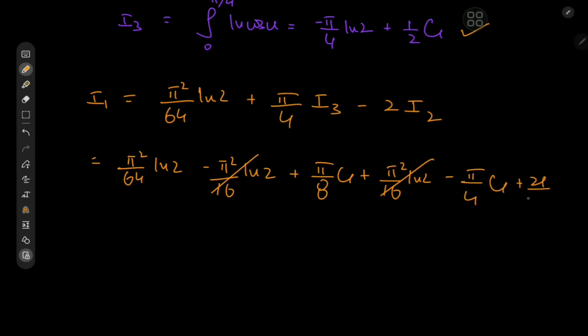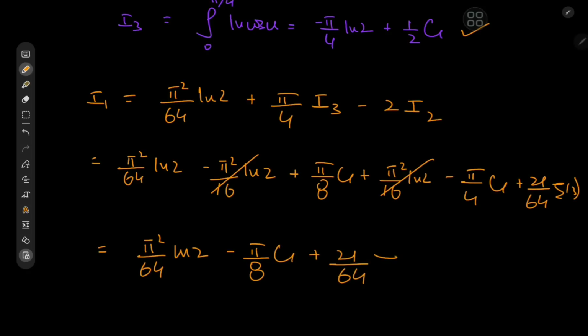And here you had 21 by 64 zeta 3, and piecing it together gives us pi squared by 64 times log 2, and you have plus pi by 8 times g minus pi by 4 times g, so that's going to be negative pi by 8 times Catalan's constant, and you have 21 by 64 times Apéry's constant, which is a pretty beautiful result in itself.